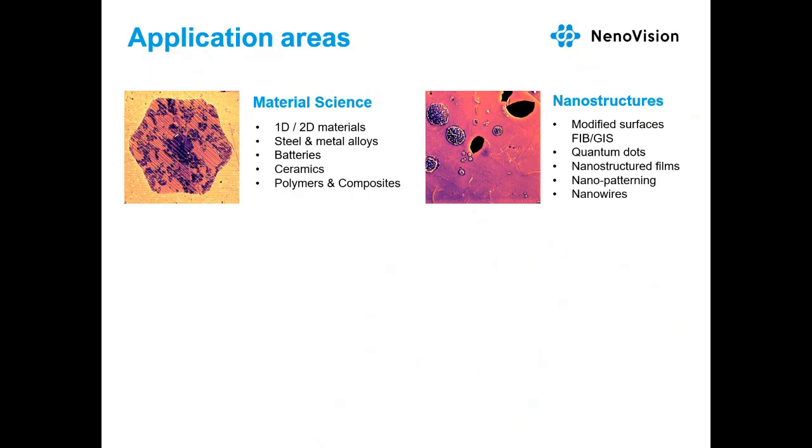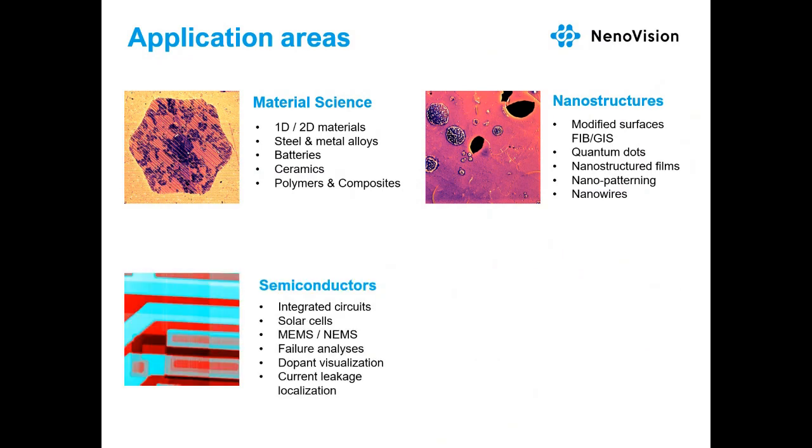As I mentioned, it's very useful for nanostructures, because using the nanostructures, you can analyze the topography. So combining FIB with the AFM is straightforward. But then also it can be quantum dots or different nanostructured films or nanopatterned surfaces.